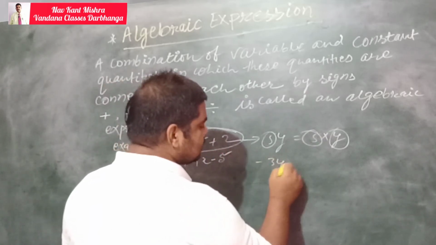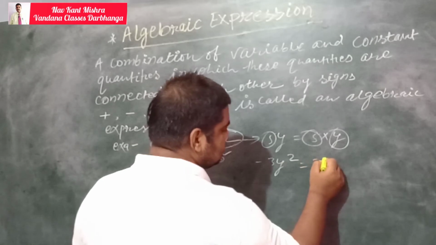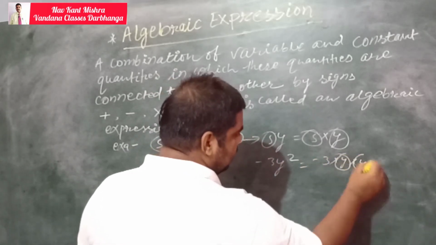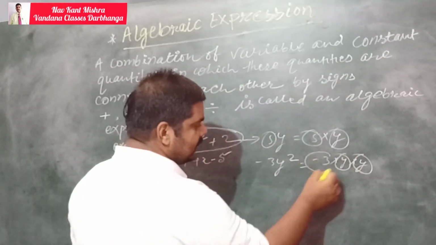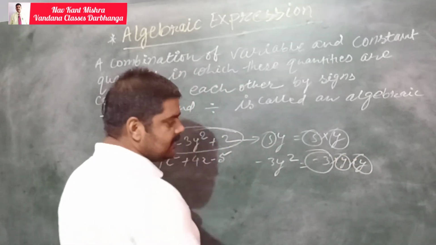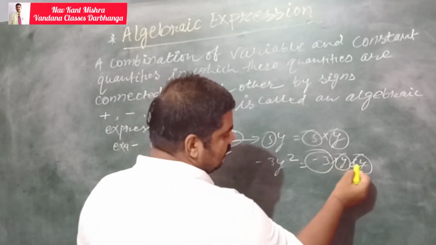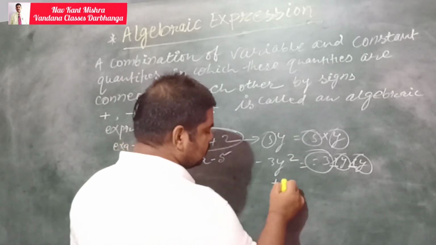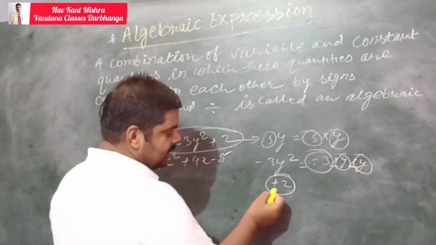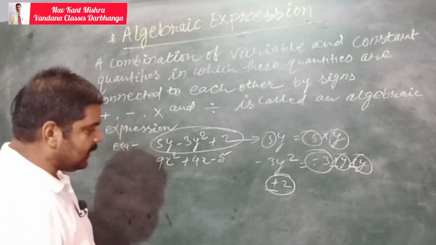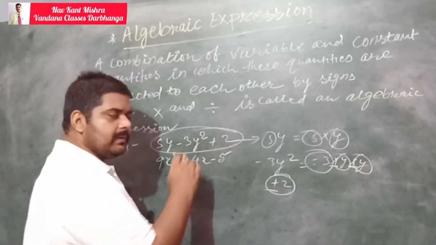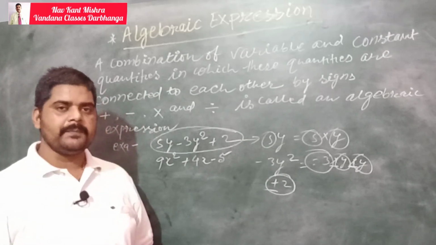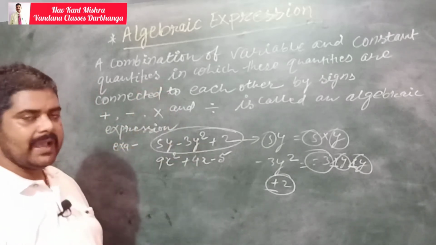Minus 3y squared can be written as minus 3 into y into y, where y are variables and minus 3 is constant, with multiplication and subtraction operations. And plus 2 is also a constant, added with a plus sign. So variables and constants are connected by some or all fundamental operations, and this is why it is known as an algebraic expression.